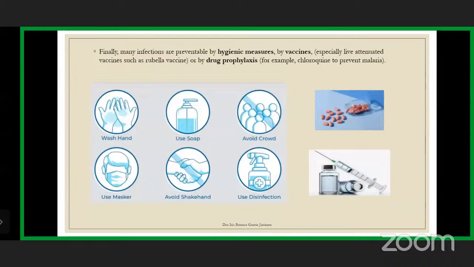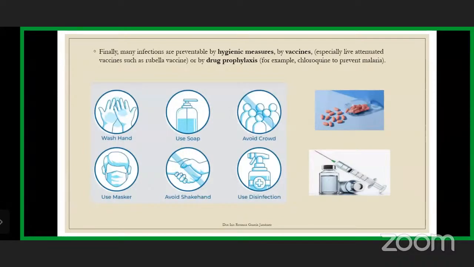Finally, many infections are preventable by hygienic measures, by vaccines, especially live attenuated vaccines such as rubella vaccine, or by drug prophylaxis, for example, chloroquine to prevent malaria. Now we have in these pictures some ways to prevent that kind of infections to get spread.